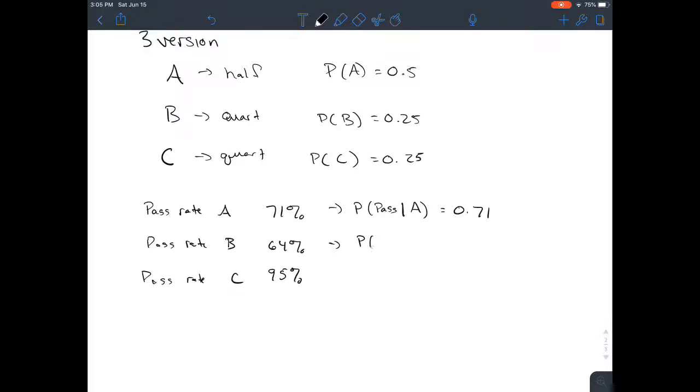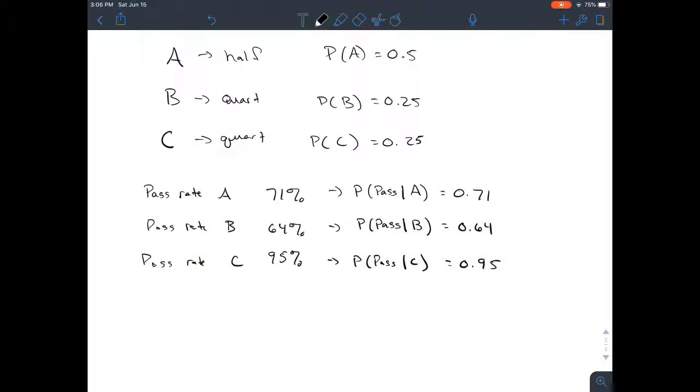The pass rate for B, we can say the probability a student passes given they have test B. That's going to be 0.64. And the probability a student passes given they have test C, 0.95.